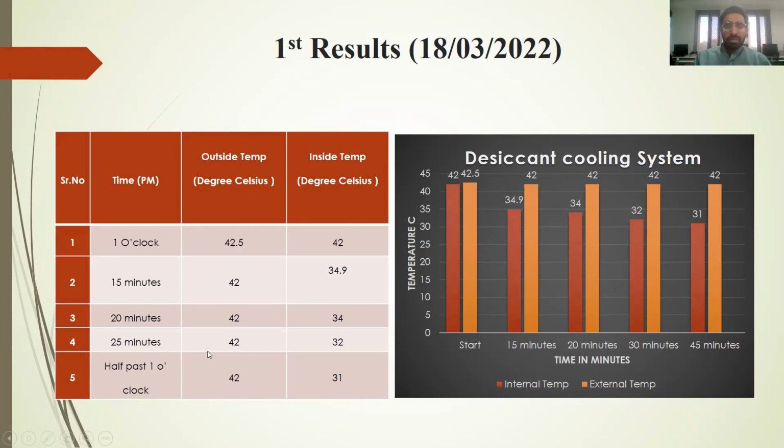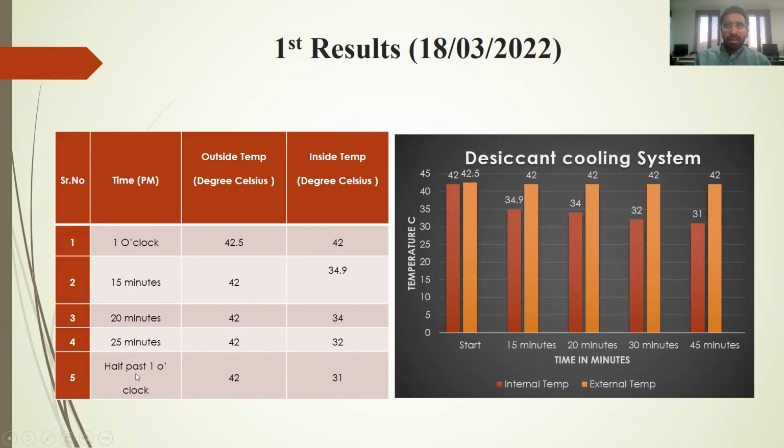After 30 minutes the outside temperature is 42 and inside is 34. After 25 minutes the outside temperature is 42 and inside is 32 degrees. And after half an hour the outside temperature is 42 and the inside is 31 degrees centigrade.